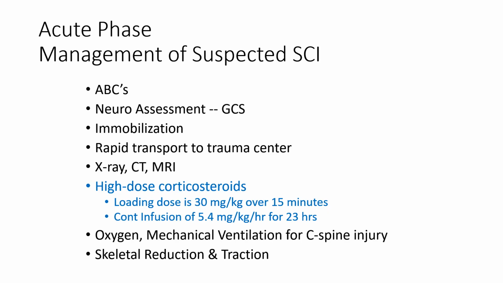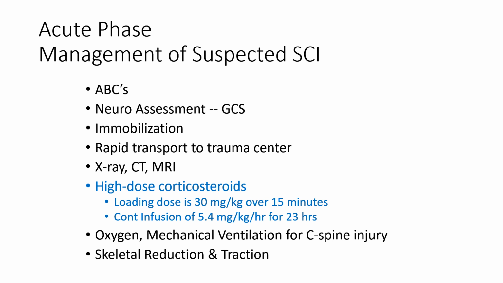Okay, during the very acute stages immediately after the injury of a patient who has a suspected spinal cord injury, of course we want to focus on the ABCs: airway, breathing, and circulation, especially important if the patient has a high cervical injury. The next priority would be neuroassessment with a Glasgow Coma Scale score.